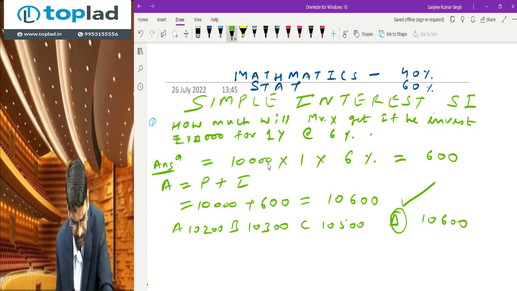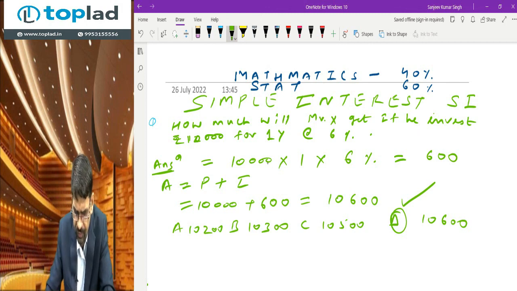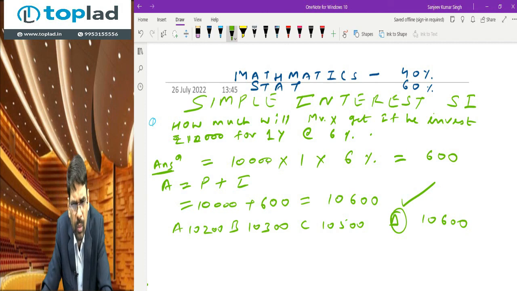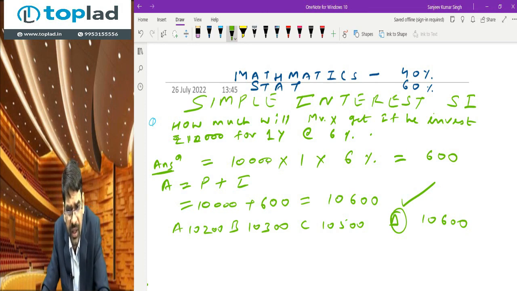Very simple question. Sometimes we can borrow money from the bank, from friends. Suppose Mr. X borrows money from the bank or from friends, like 10,000 rupees for 1 year at the rate of 6%.